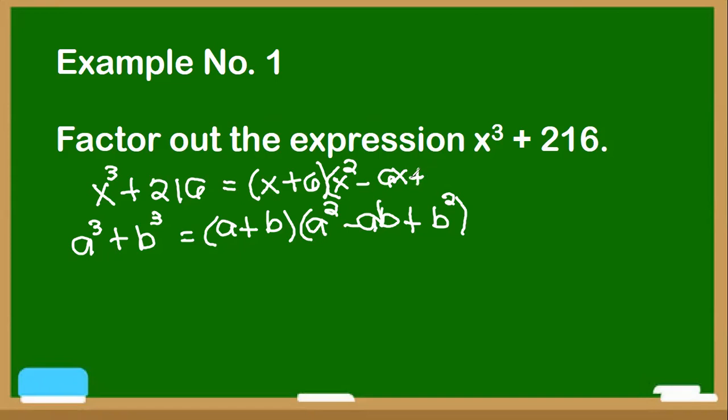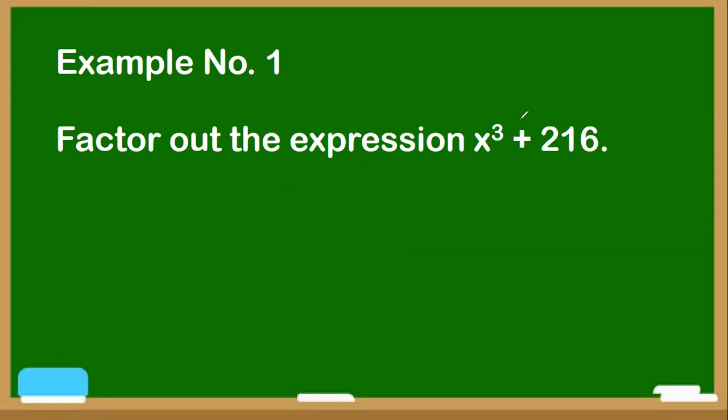Then plus the square of the last term, which is 6 squared. So the factors we need for this item are x plus 6 multiplied by x squared minus 6x plus 36. Do you have any questions on our first example? Okay, let's proceed.